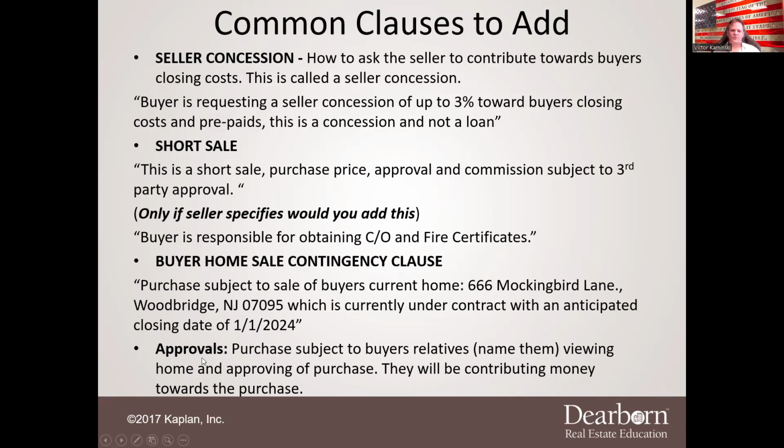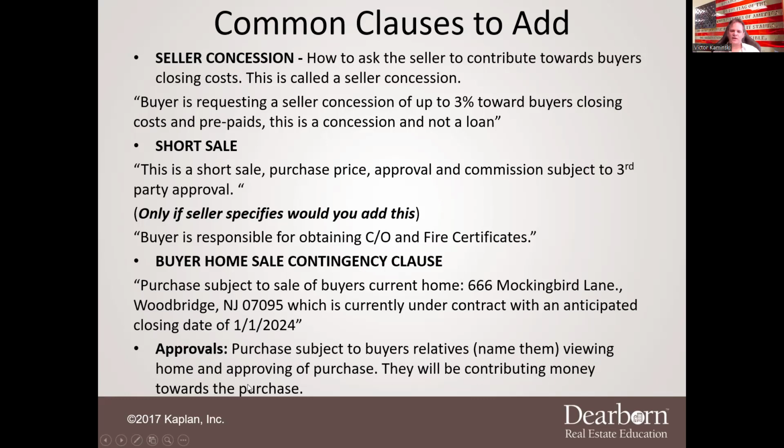And then approvals. So if the purchase is subject to the buyer's relatives' approval, like I said, try to get the relatives through the house first. But if that's not possible, then you need to write down that this purchase is subject to, and then write down those relatives' names, that they're viewing the home and approving the purchase.